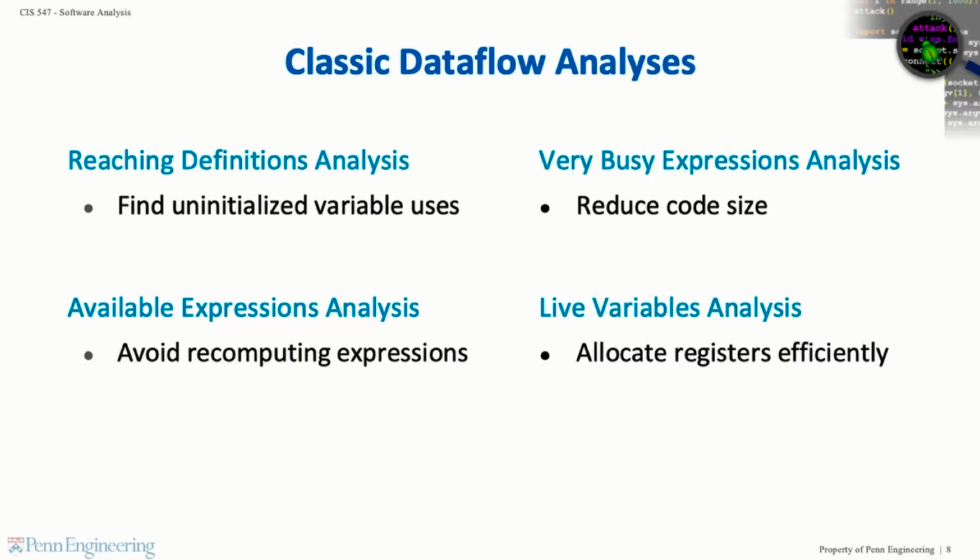Available expressions analysis produces information that can be used by a compiler to avoid recomputing the same program expression multiple times in an execution, thereby producing code that runs faster. Finally, live variables analysis computes information that can be used by a compiler to efficiently allocate registers to program variables. Register allocation is the component of a compiler that most impacts the performance of the generated code. We will dive into the details of each of these four analyses in this module.